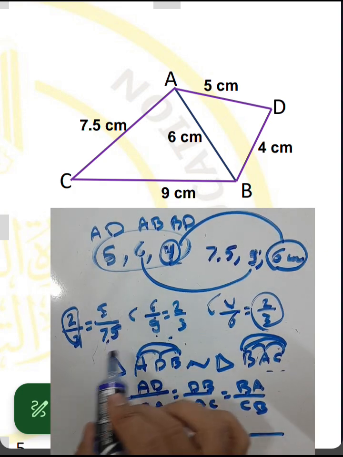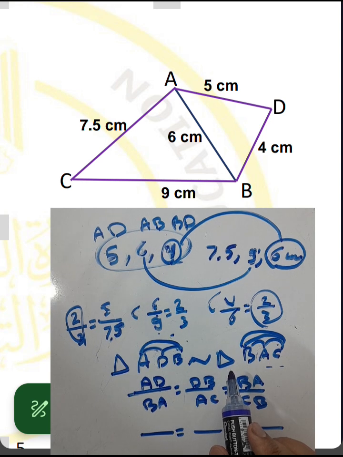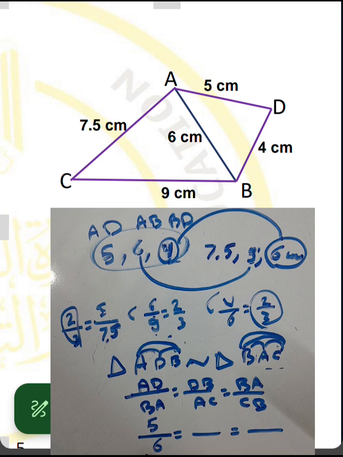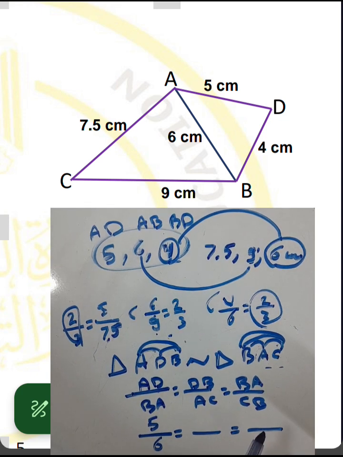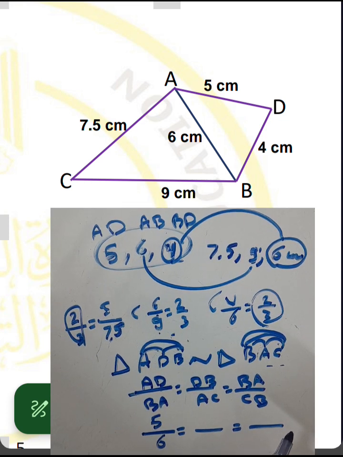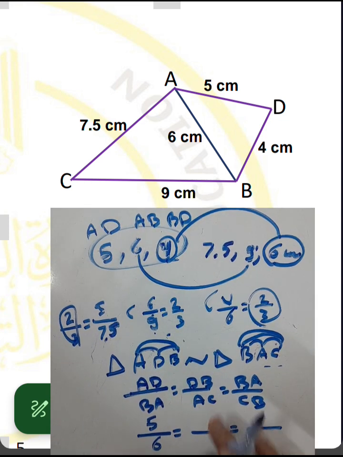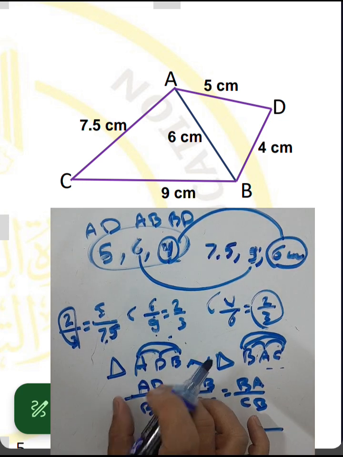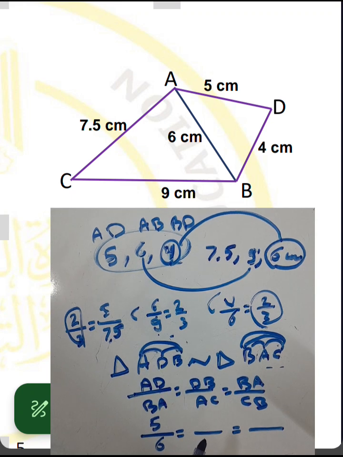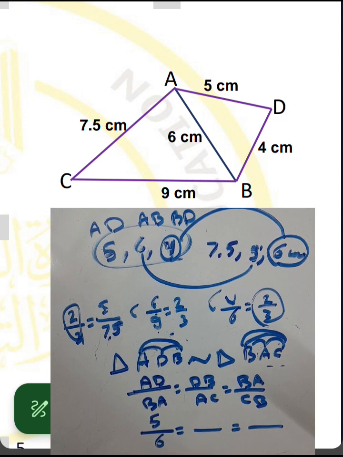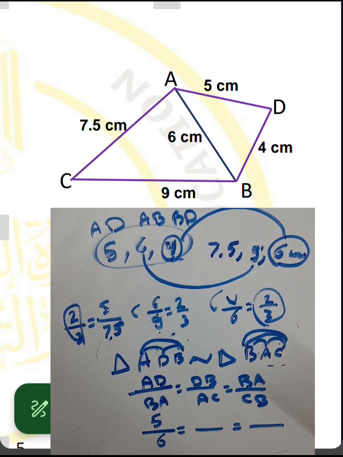AD was 5, BA 6, and DB, right again, AD over BA, 5 by what? We have AD 5 was CA.